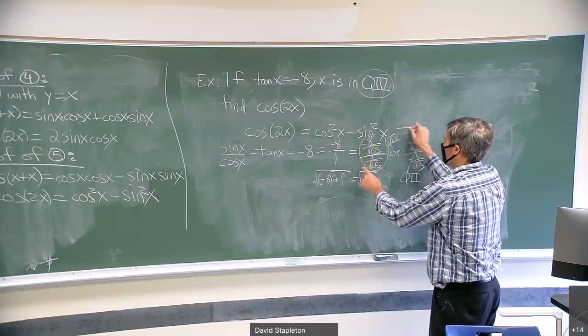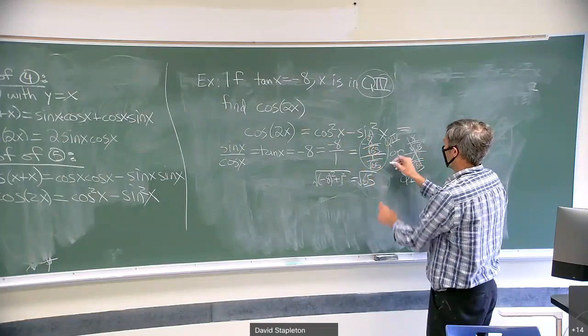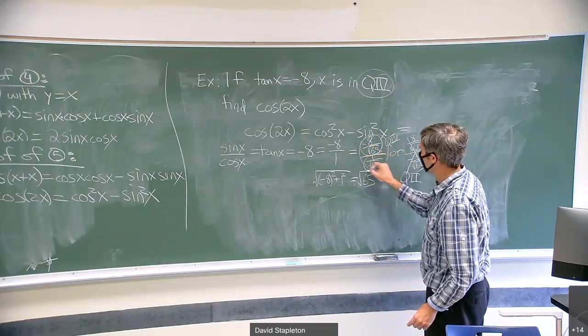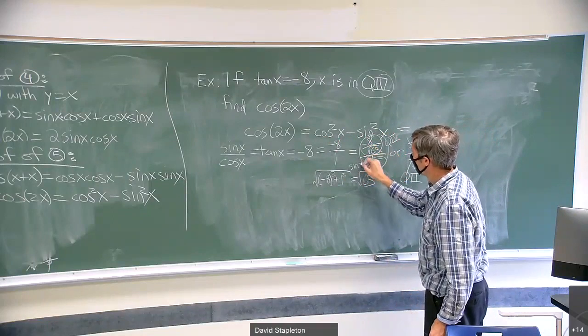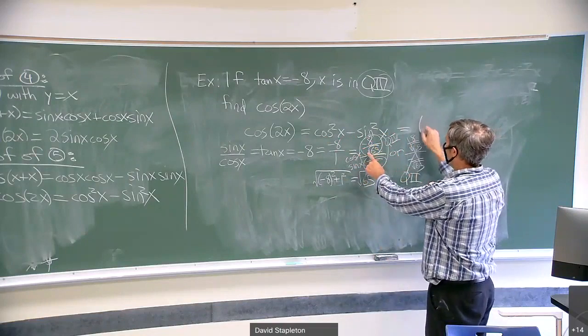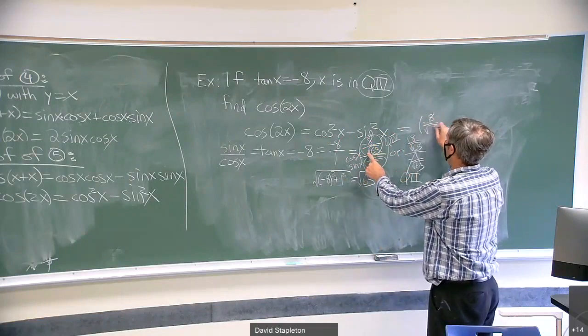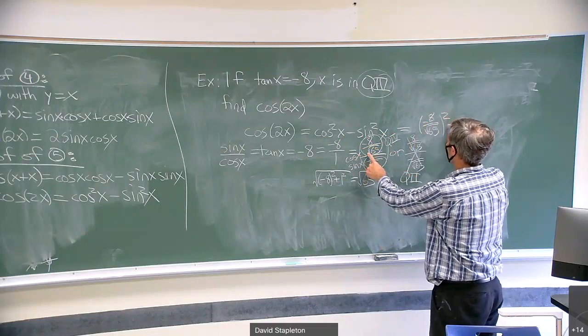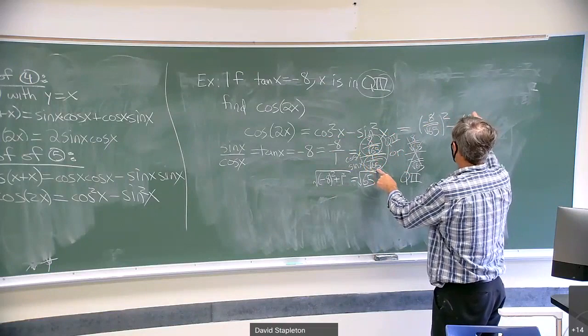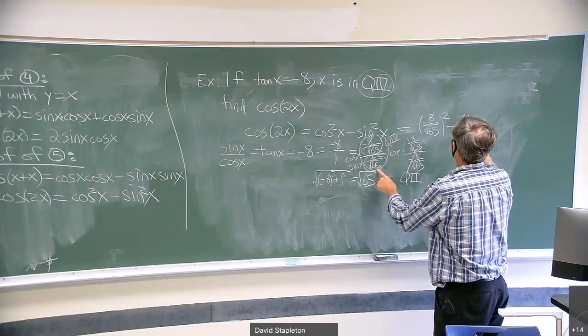Cosine squared minus sine squared is then, let's see, here's cosine, right? The tangent is sine over cosine, so it's cosine and this is sine. Minus 8 over square root 65 squared, that's cosine squared, minus sine squared, 1 over square root 65 squared.